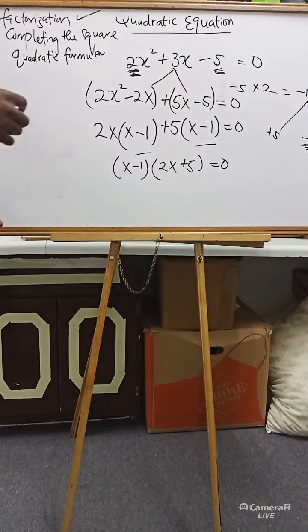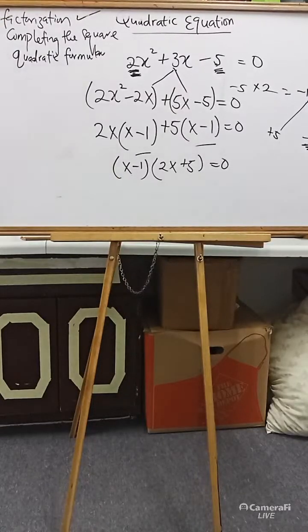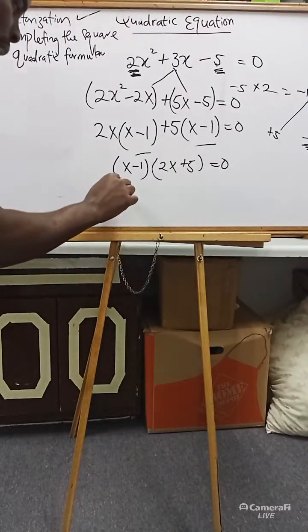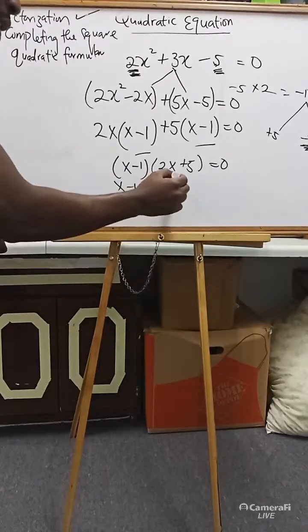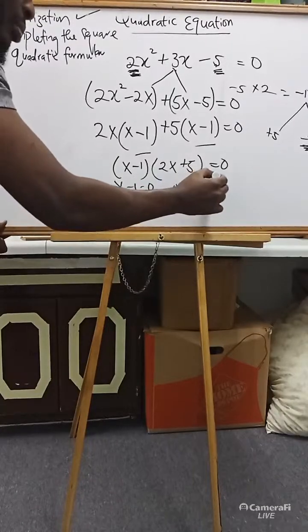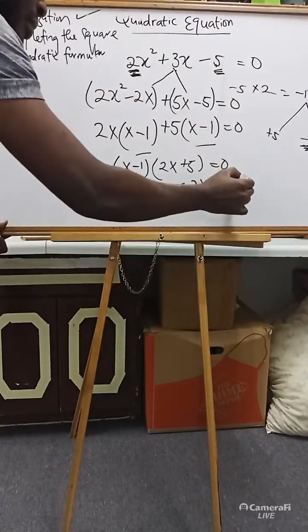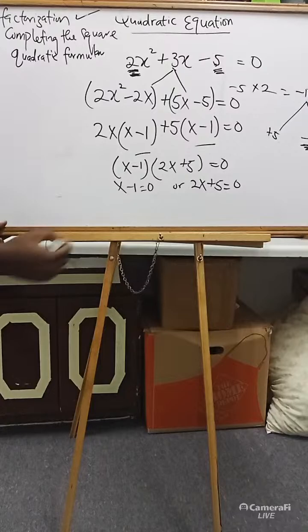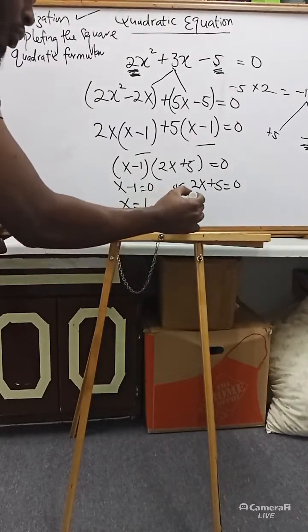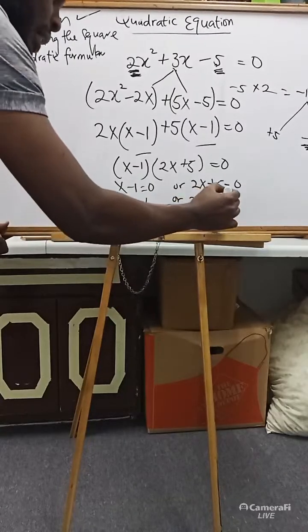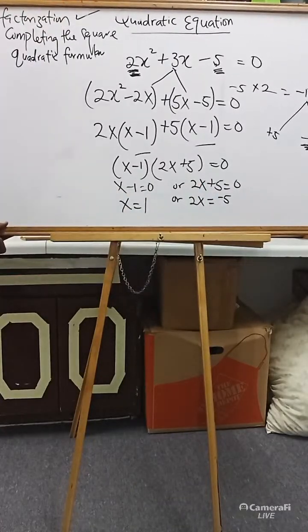Now, like what we did in the previous example, here we have x minus 1 equals 0, or 2x plus 5 equals 0. So here my x equals 1, or 2x equals negative 5.